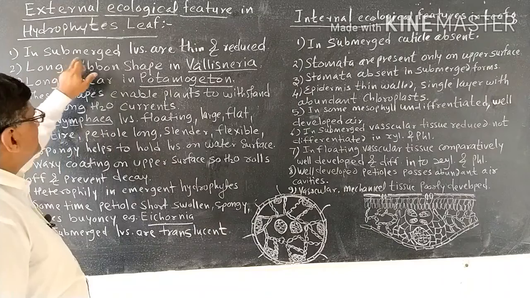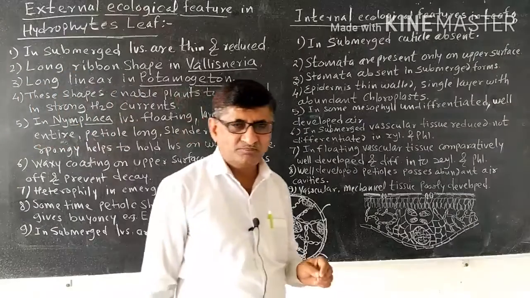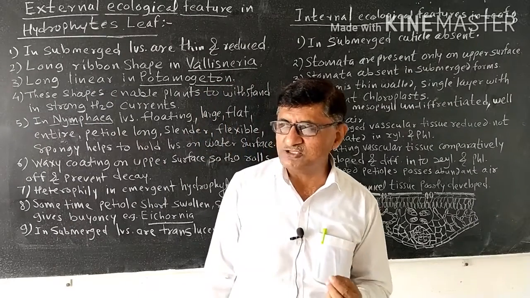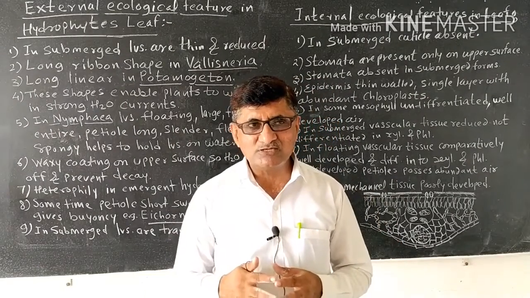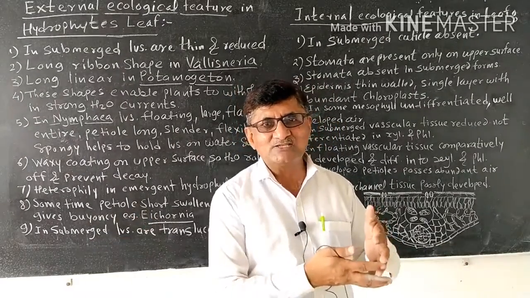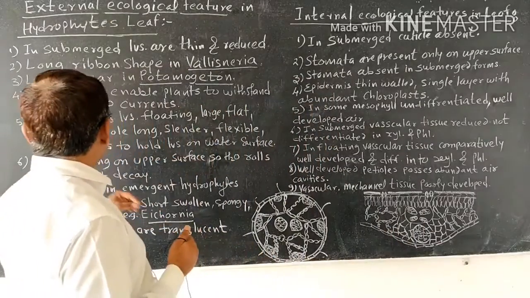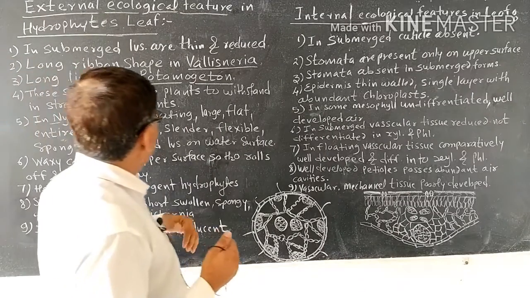First, in submerged hydrophytes, leaves are very thin and reduced. Thin means they are delicate, and reduced means they are small in size, not broad. Why do they become small? Because water can easily pass through them. In some cases the leaves are long and ribbon shaped.